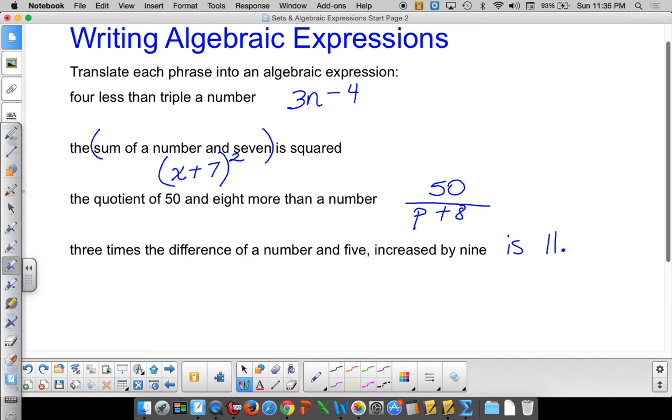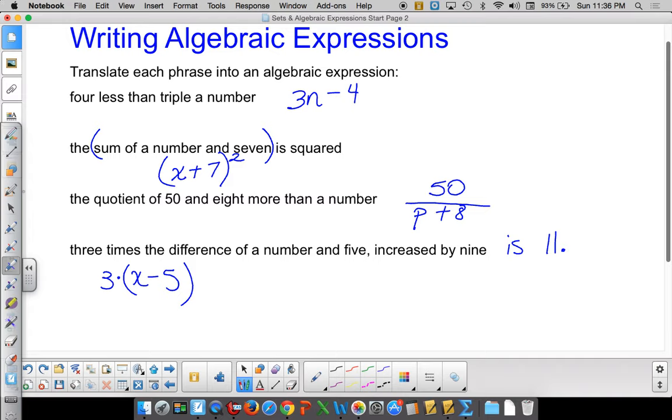Well, okay. 3 times what? You know it's 3 times something, so we're multiplying. 3 times the difference of a number and 5. Okay. So the difference of a number and 5, difference would be subtract. So I have to put this in parentheses because 3 is times the difference. So the difference of a number and 5 would be something like x minus 5. Then it said increased by 9. Is 5 increased by 9?